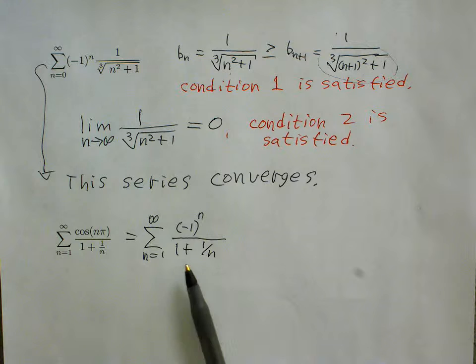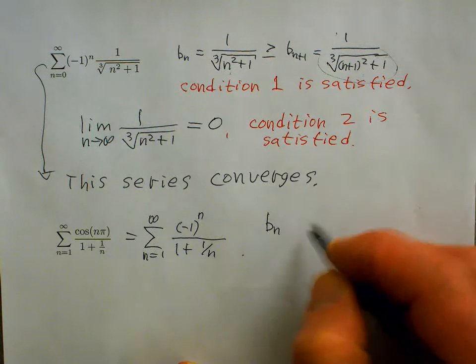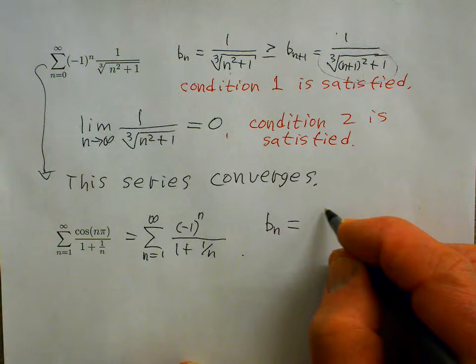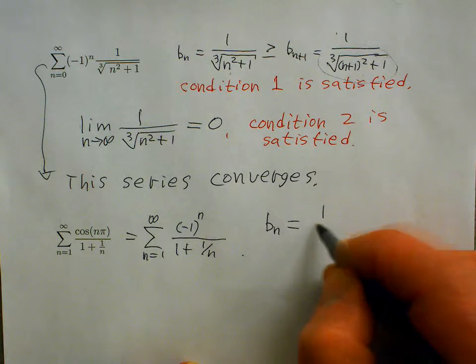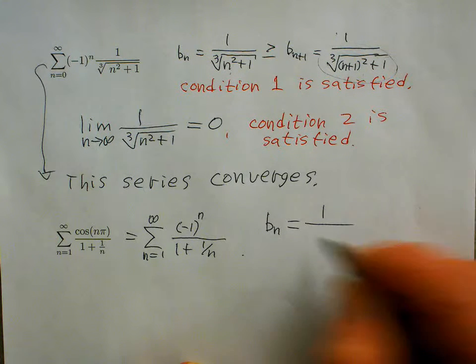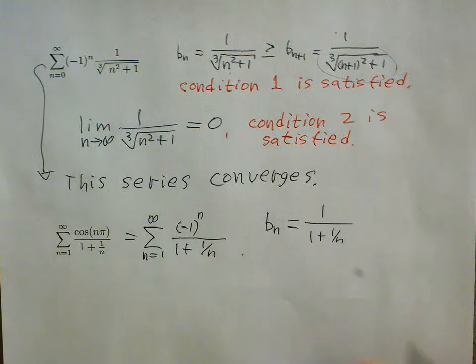Okay, so it's an alternating series, and we check whether the b sub n terms are getting smaller. So we take out the negative 1 to the n, write 1 over 1 plus 1 over n. So is this sequence decreasing?